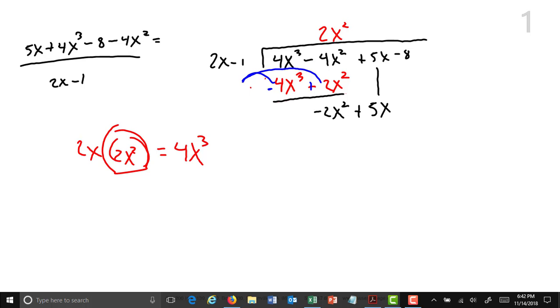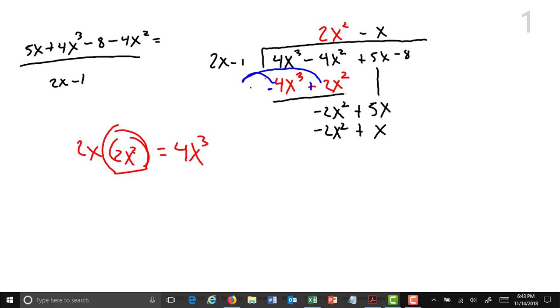Now, I ask myself, what do I have to multiply 2x by to get minus 2x squared? Well, we already got the 2, so what do I have to multiply the x by? Yeah, a minus x, because I need a minus 2x squared. So I'm going to just put a minus x here. Now x times the first term is minus, and this other one's going to be plus x.